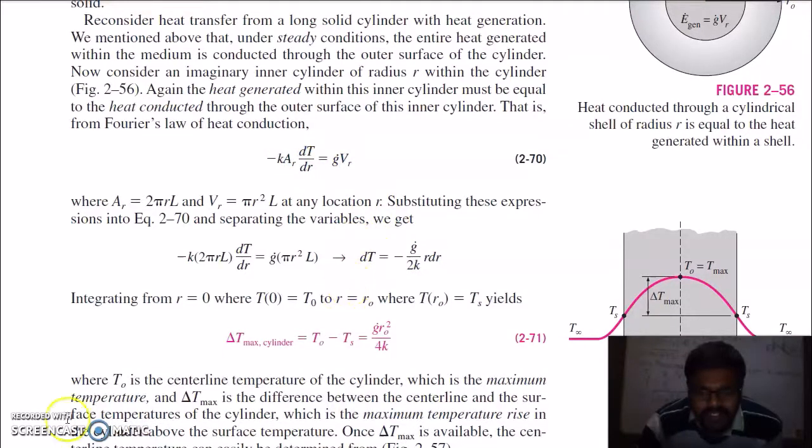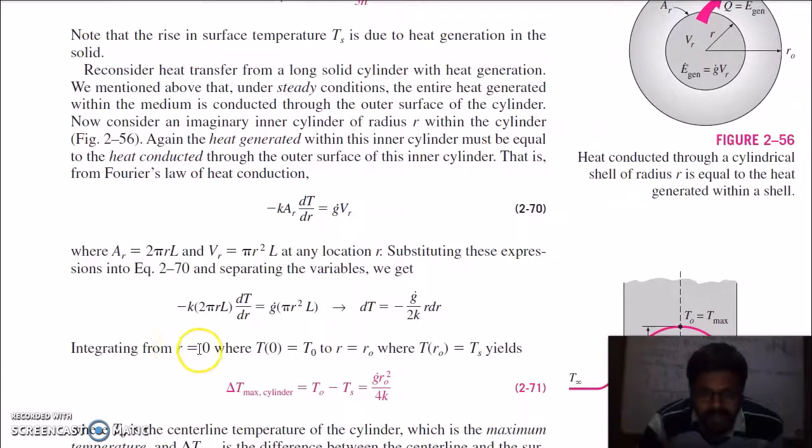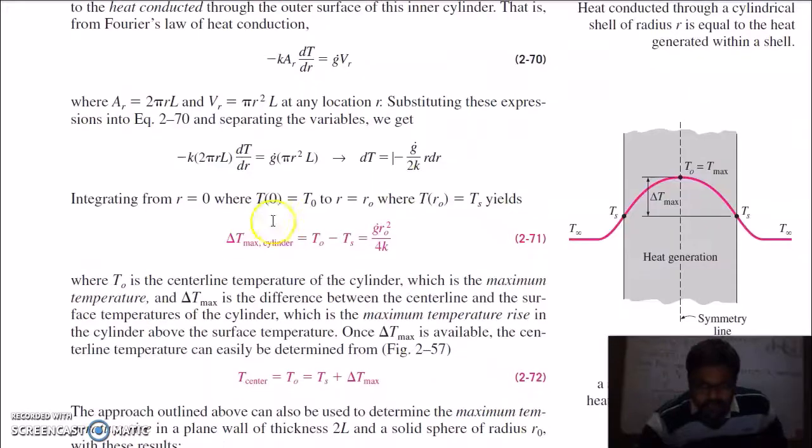On integration, at r equal to 0, T is equal to T naught, and at r is equal to R naught, T is equal to Ts, yields this. Here T naught is the centerline temperature of the cylinder, which is the maximum temperature, and delta T max is the difference between the centerline and the surface temperature of the cylinder.